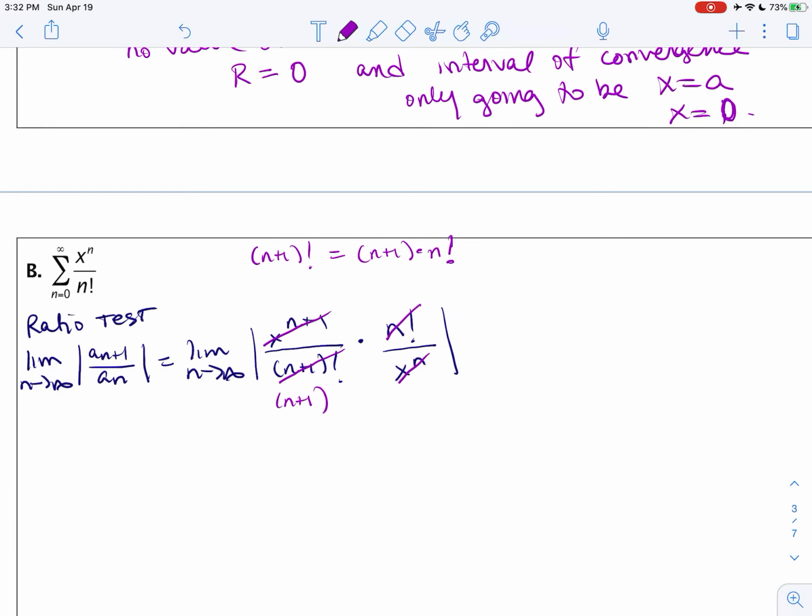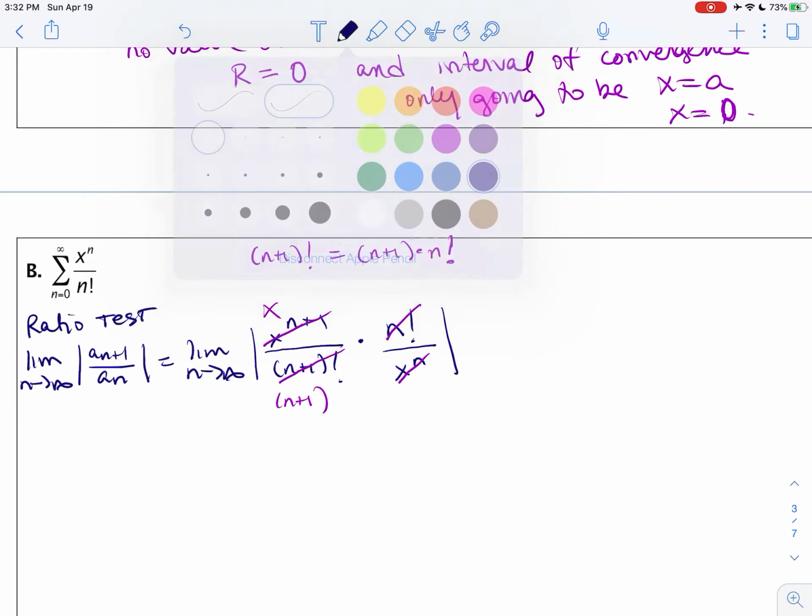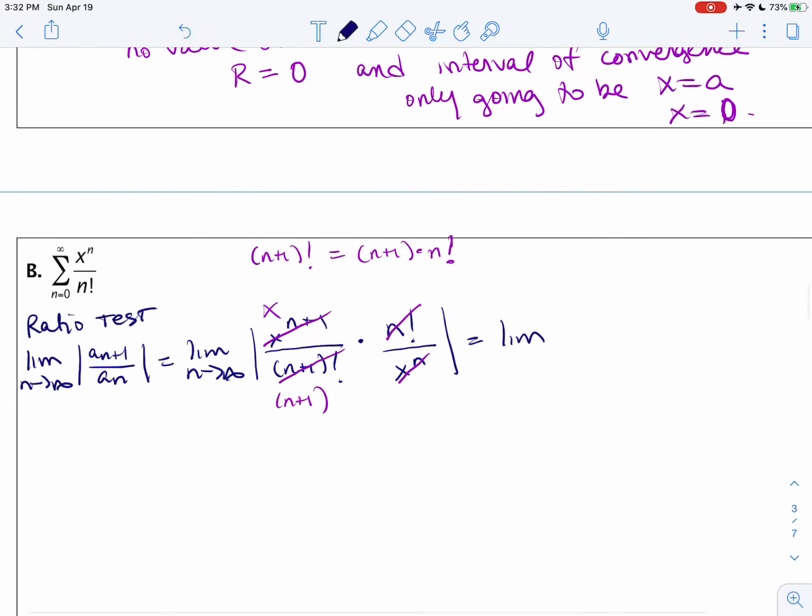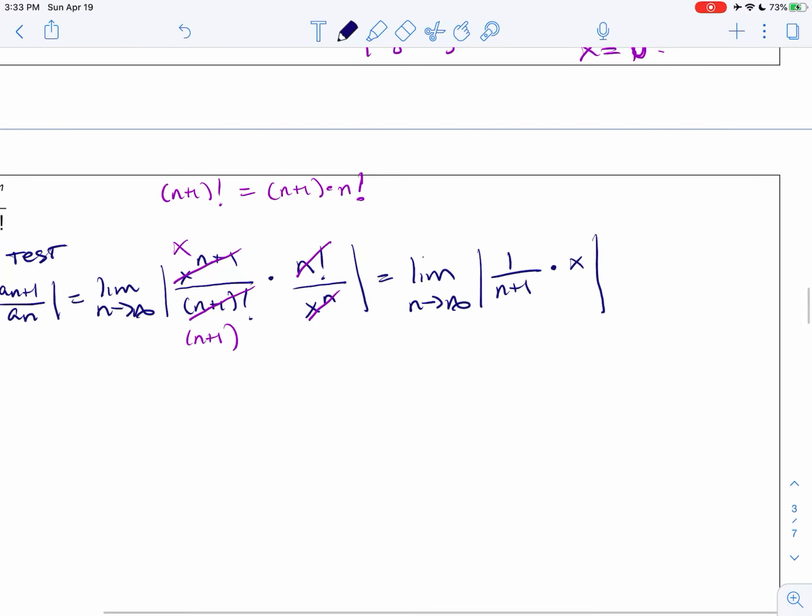And when I go to cancel n x's with n plus 1 x's, I have one factor of x left over. And in making that calculation, I tend to group my n variables together, or my n terms together, and I group my constant terms together, and in this case x is going to be my constant term, and using the limit as n goes to infinity, x is constant.